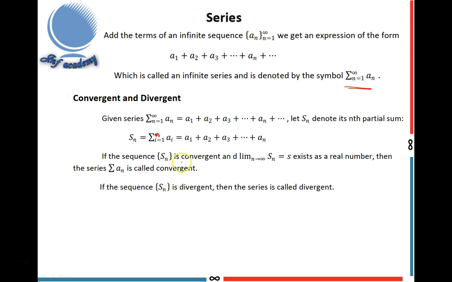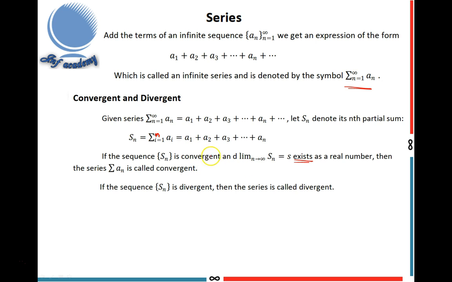If the sequence Sn is convergent, that means limit n tends to infinity Sn equal to S exists as a real number, then the series sigma an is called convergent.